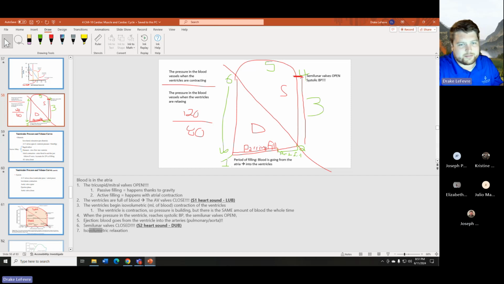Volume means stuff, all this stuff. Relaxation is self-explanatory, the opposite of contraction. Yep. Isovolumetric relaxation, again, of the ventricles. So the ventricles relax, volume stays the same, pressure goes down.